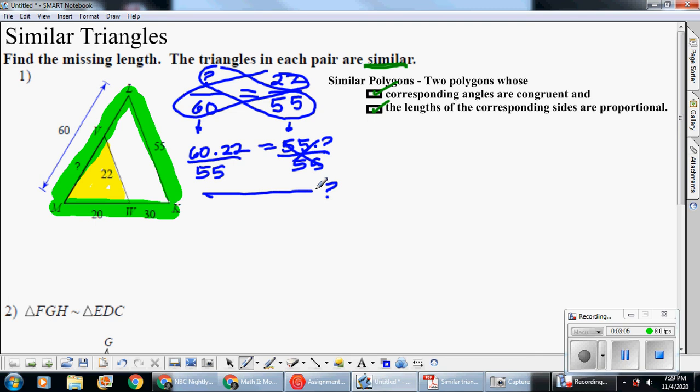Now, in my opinion, the easy way to solve this is the following. Take the 60 and do the prime factorization of 60. Factors of 60, I can't use 1 or 60. What I recommend is 6 and 10. Factors of 6, not 1 or 6: 2 and 3.